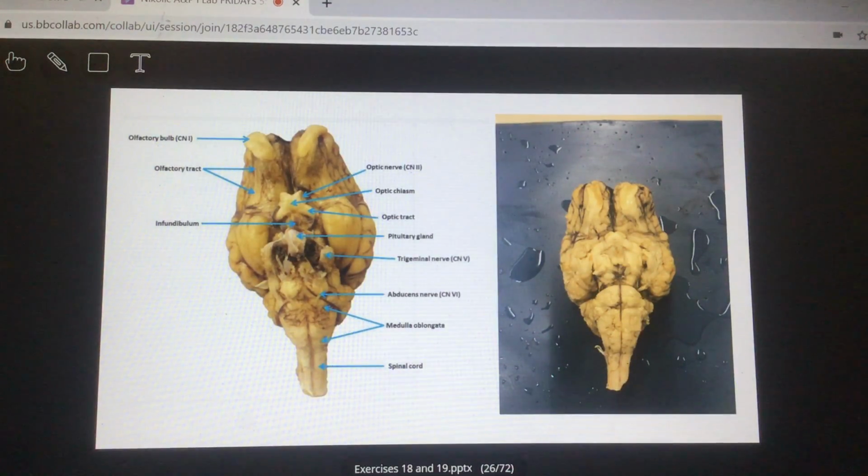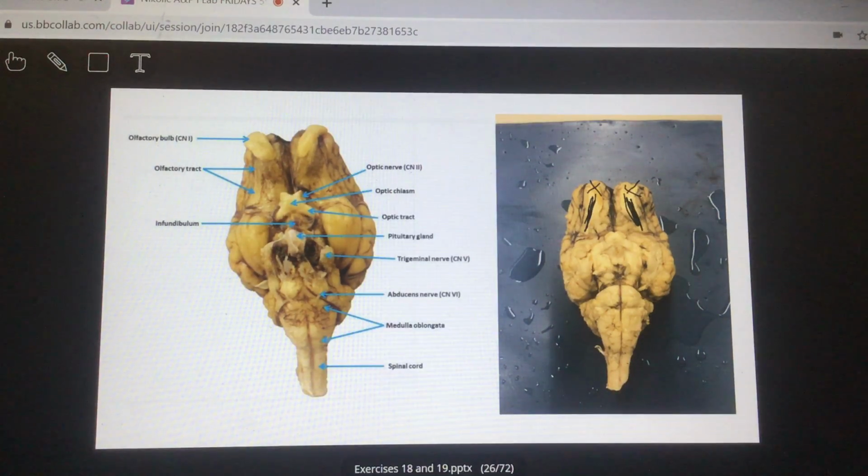Okay, so this image is going to be an inferior image. So it's like we're taking the brain of the sheep and flipping it upside down. Now, what can you see here? Well, if you go down the bottom of this list, the sheep brain dissection, we have the optic nerve, chiasm, tracts, olfactory bulb, and olfactory tracts. Now, we just did this on the brain. This is the olfactory bulb, and that's the olfactory tract.